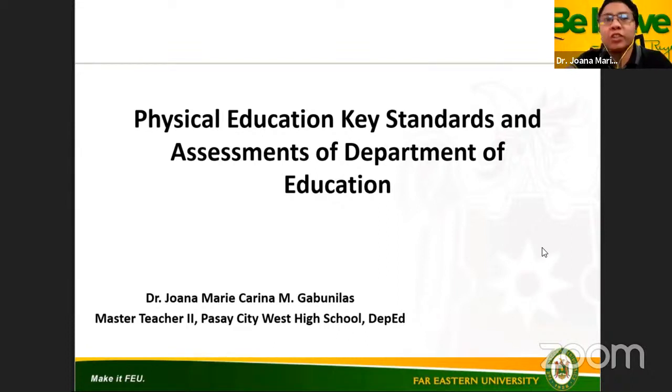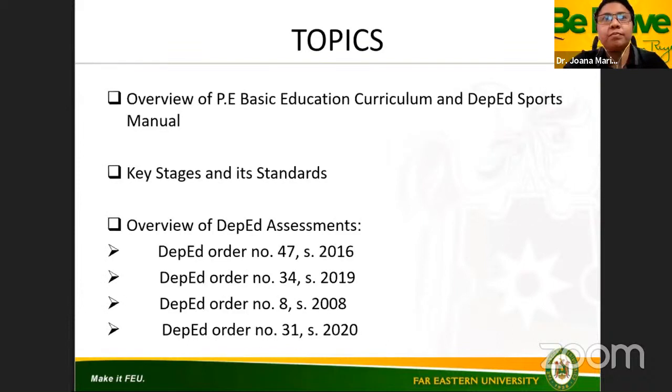Good afternoon to each and everyone. In this session, I will be presenting to you the physical education key standards and assessment of the Department of Education. And here are the topics to be discussed. The first one is the overview of the PE basic education curriculum and the newest DepEd sports manual.